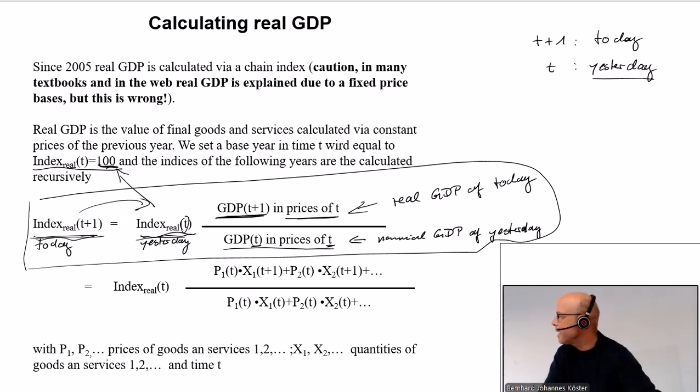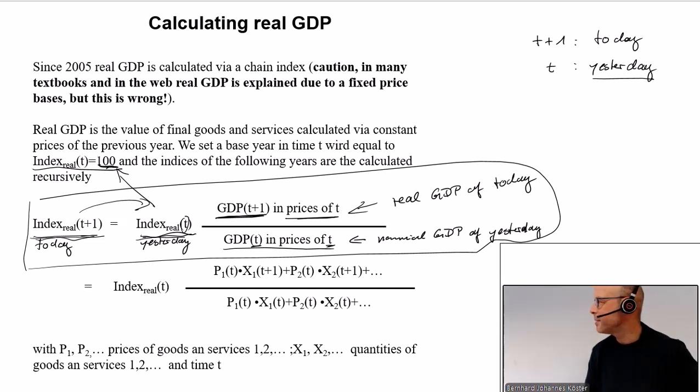This means we have here a so-called chain index, and the reason why I show you this is that this is how it is done today. This looks right now maybe a bit complicated or quite theoretical. We will do it in just a minute using a simple example so that you know how to calculate this.